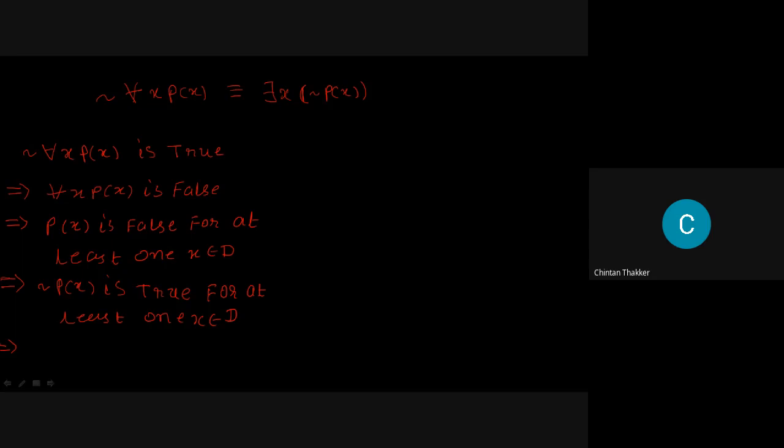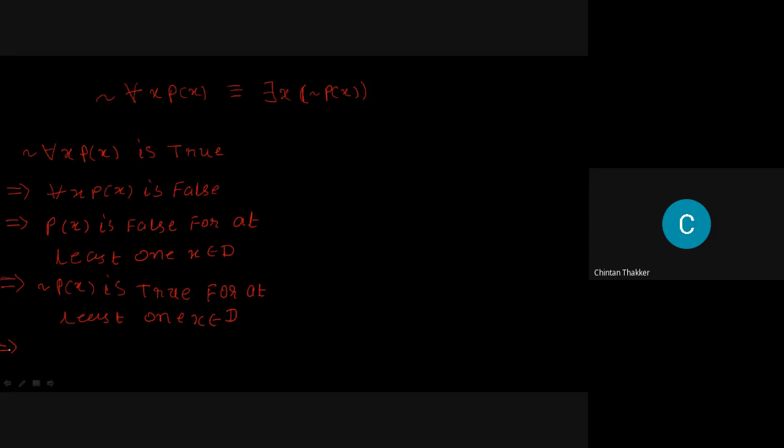If we have the negation of Px is true for at least one x belongs to D, then what about the existential quantifier? The existential quantifier is true if Px is true for at least one x belongs to D. That means we got at least one witness, then the existential quantifier is true.